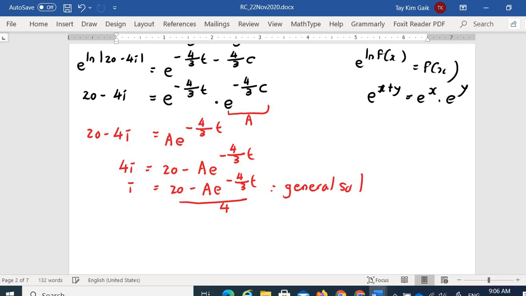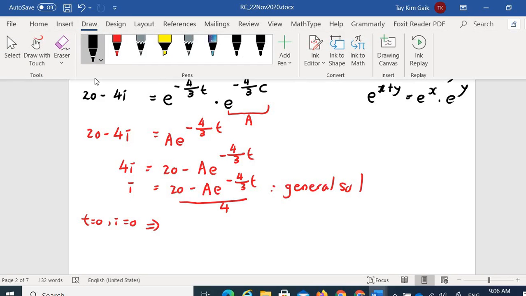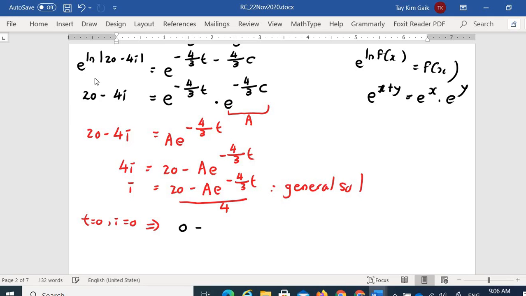So notice for first order you have one integral constant. And given the initial condition, at t equal to 0, i equal to 0, plug in i of 0. So 20, when t is 0, remember exponent 0 is 1. So you get 20 minus a, divided by 4. So a equal to 20.